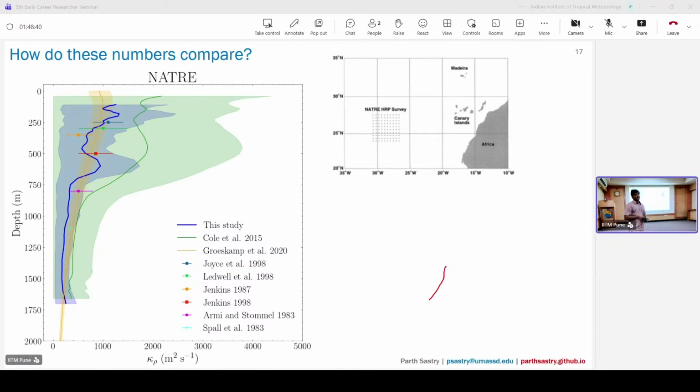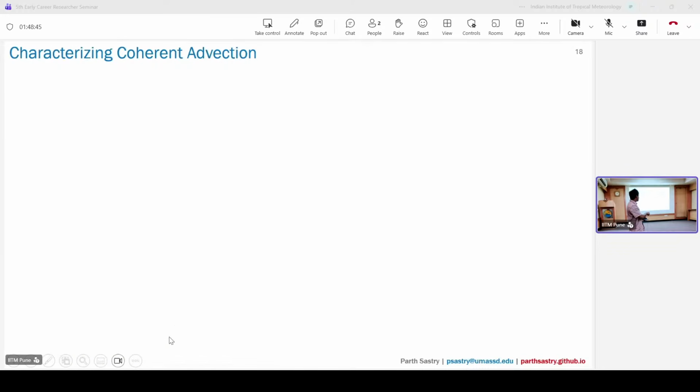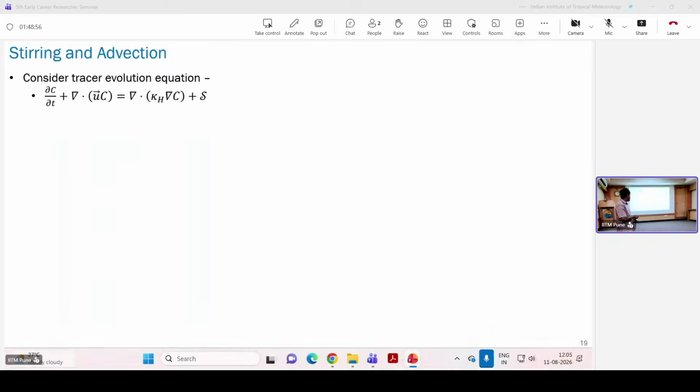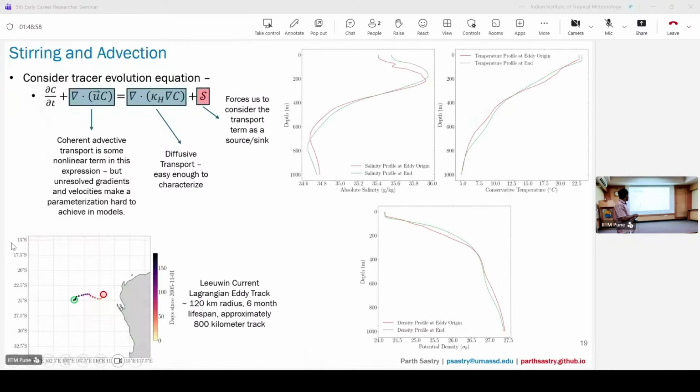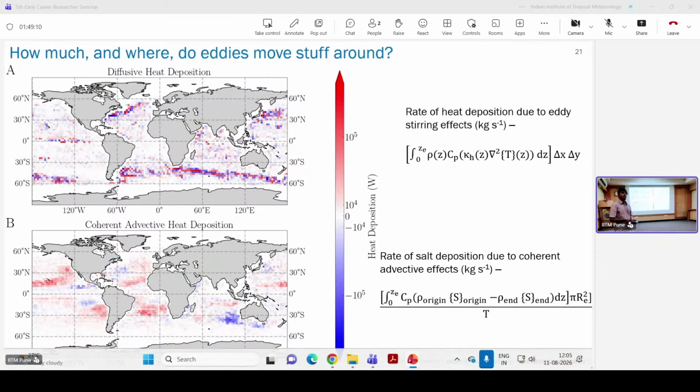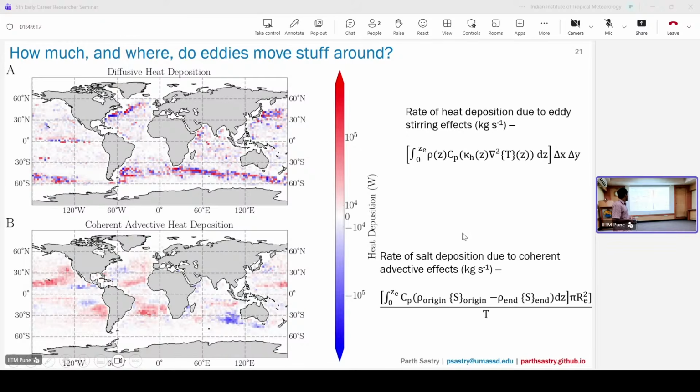I have not, because the Lagrangian eddy dataset does not tell you anything about the depth of the eddy. We have to make assumptions about the average depth, so essentially the numbers that I'm saying here are largely only accurate up to an order of magnitude. And the aim of this sort of study is to just show that they're important and where they're important.